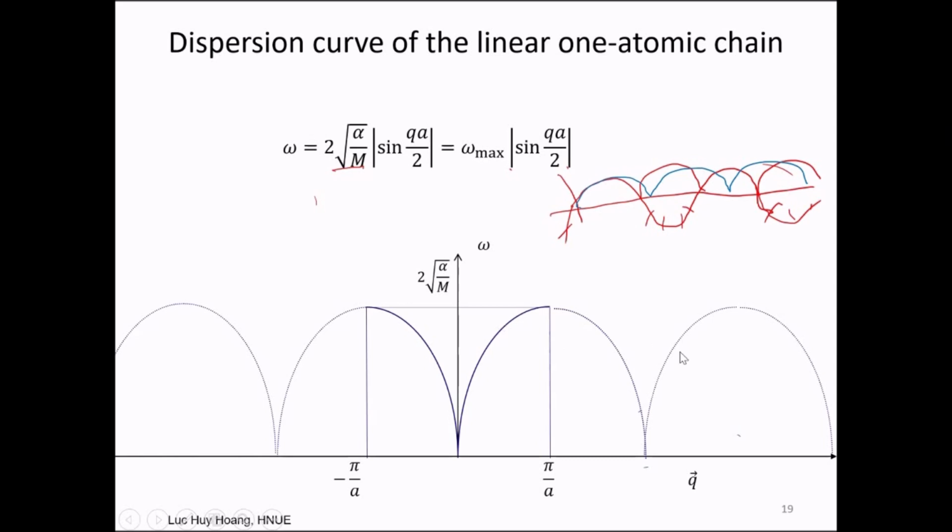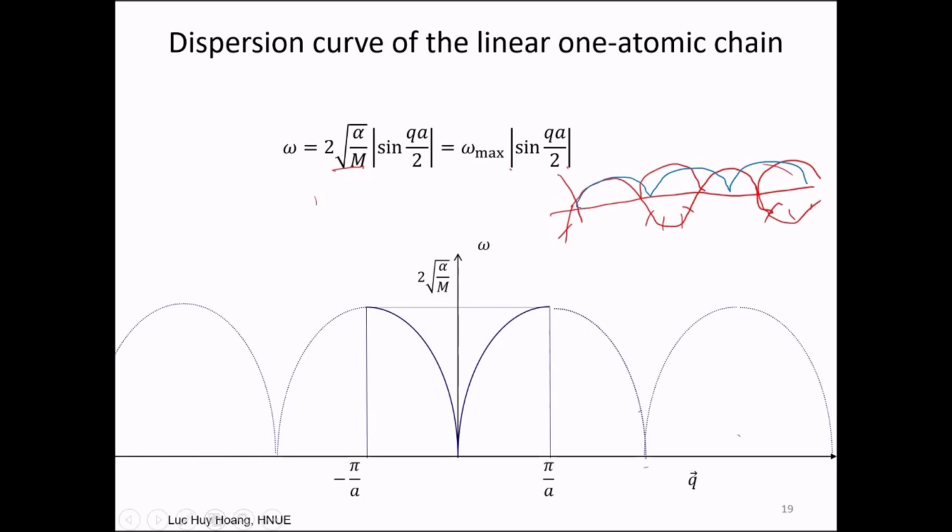And from this curve, it's easier for you to understand how omega depends on Q. Because it's periodically dependent due to the property of the lattice, you see that you don't have to consider the dependence of omega on all the values of Q, because it's periodically dependent.